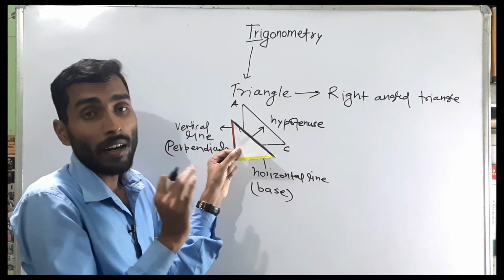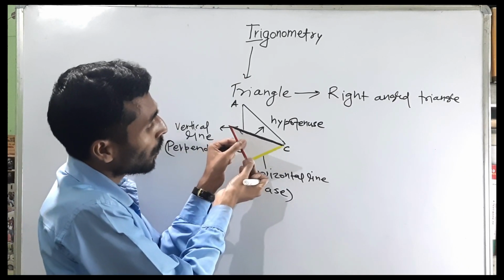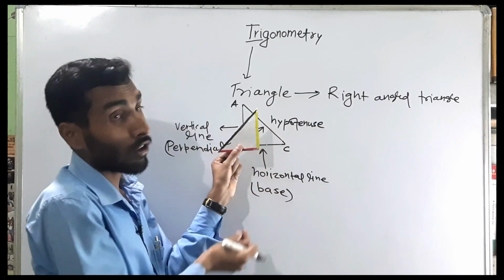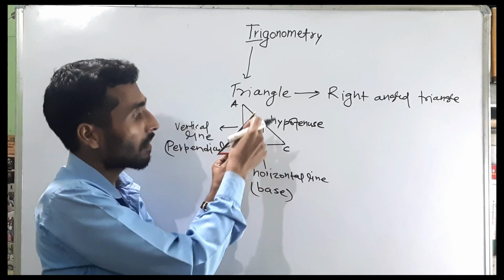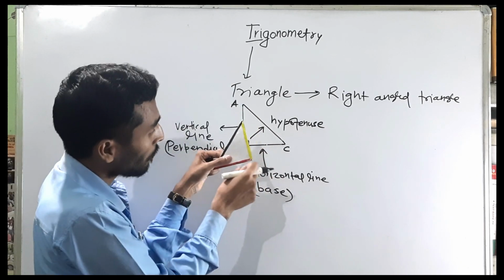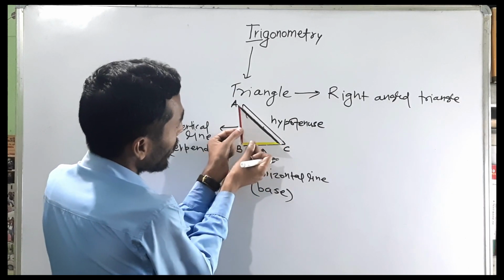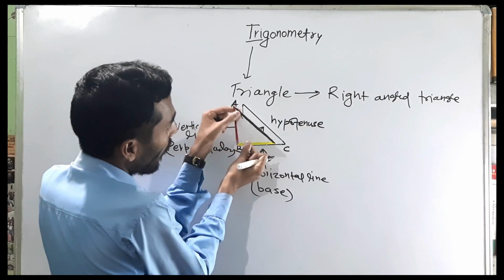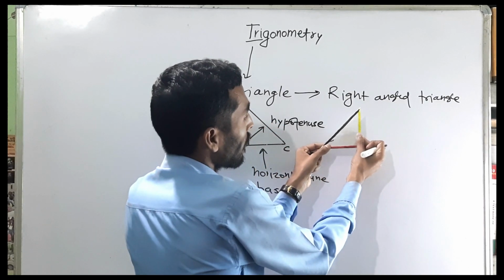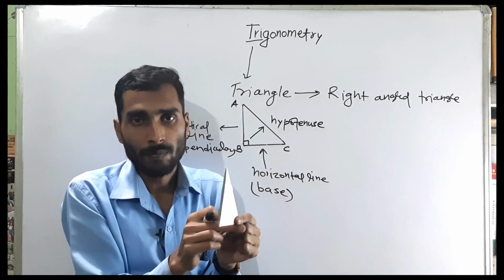Okay, so now what will happen if we move this anticlockwise? This is the perpendicular and this is the base. A moment ago you were saying that this is the perpendicular, and now you are saying that this is the base. So how is it possible?